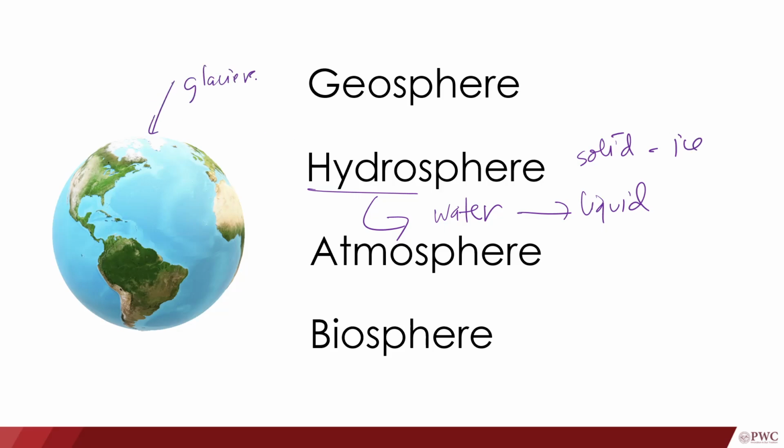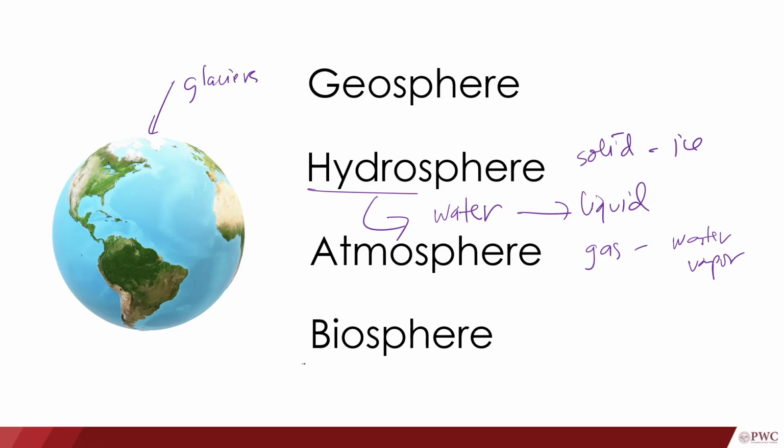Glaciers are also made up of water. And water can also be a gas, in the form of water vapor. So that's the hydrosphere. Of course, water is important for all living organisms.